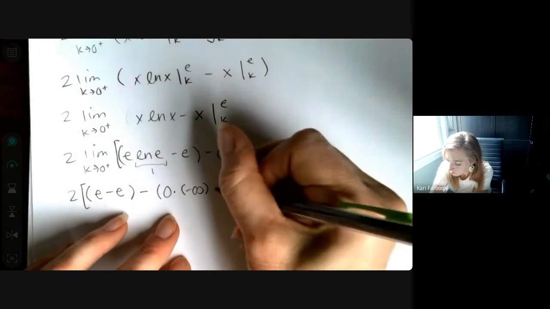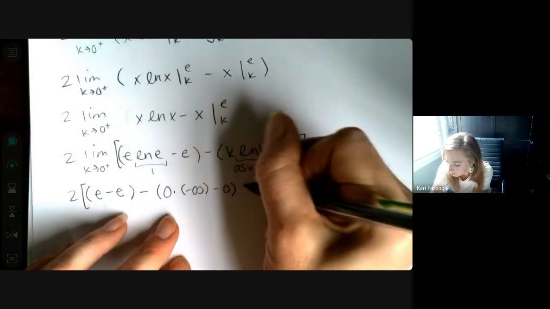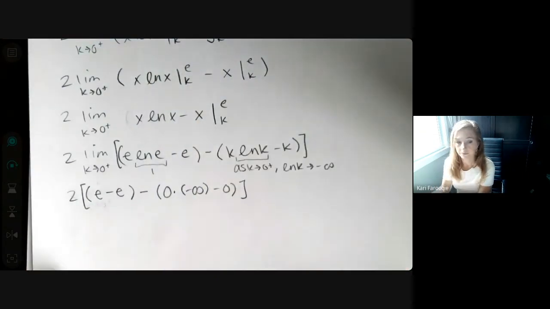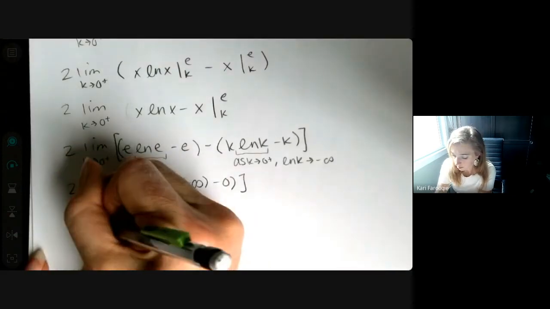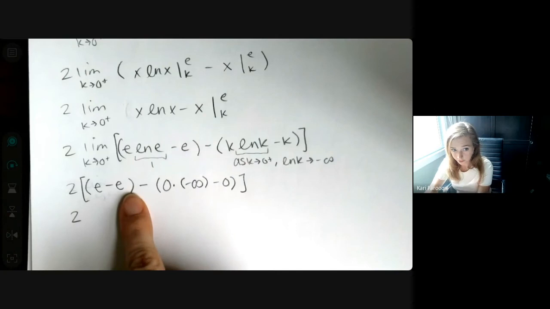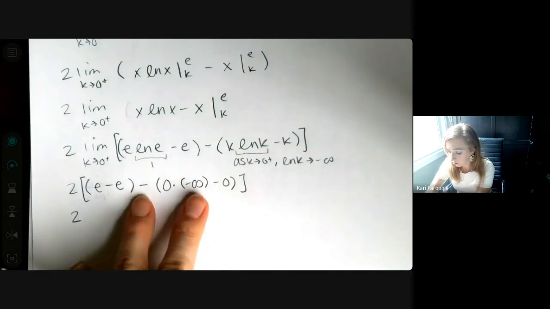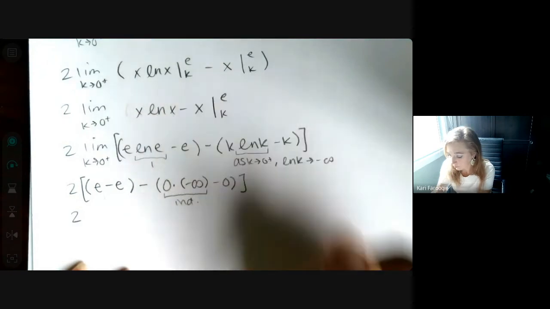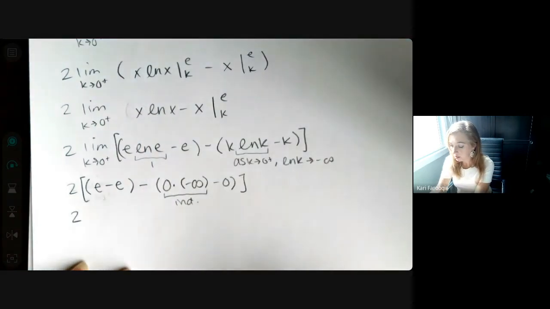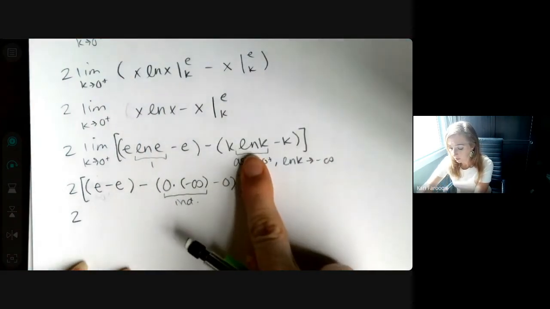And then you'll have minus 0. So the only thing we need to worry about in this case is, technically, e minus e is gone. We just need to worry about this indeterminate form. Everything else is fine.